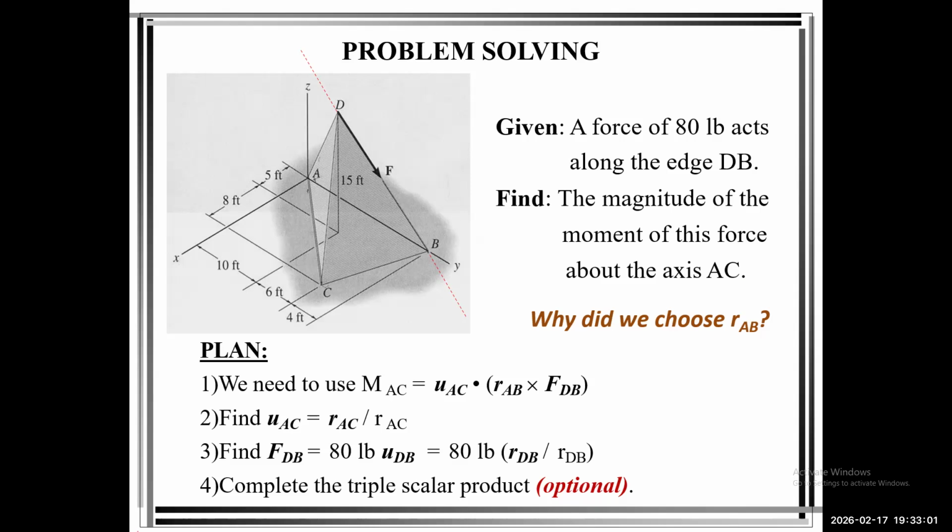When you get the position vector, you get the unit vector, and then you apply it. Because you know which formula you'll be applying. What's the formula you'll be applying here? See, there in front of your face, F_DB is going to be equal to F scalar value times its unit vector of DB. What did I write here a while ago? I don't think I wrote DB. All right, it's supposed to be DB.